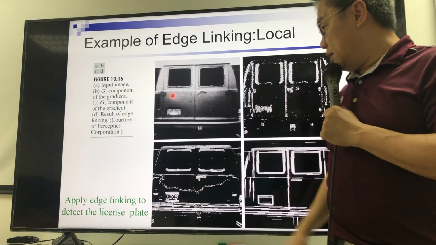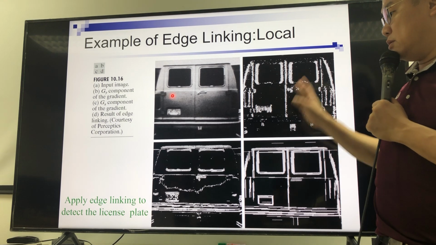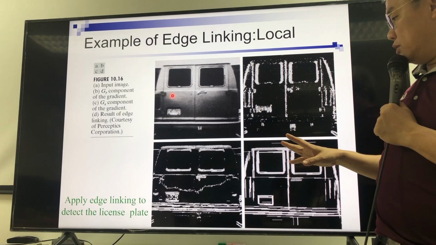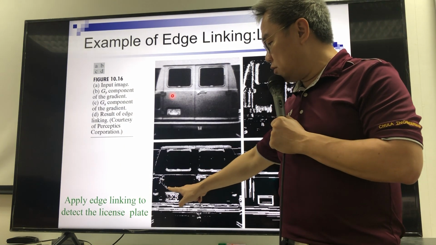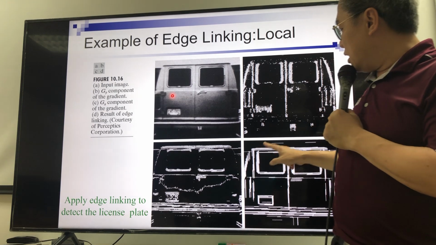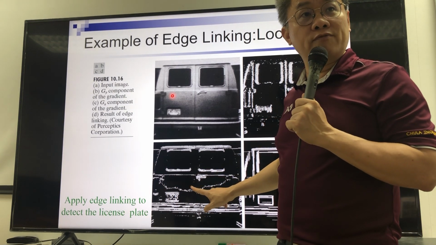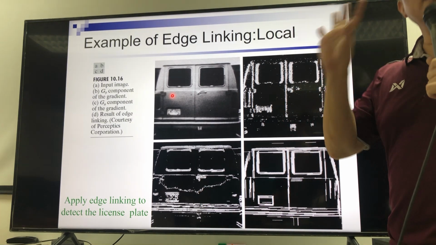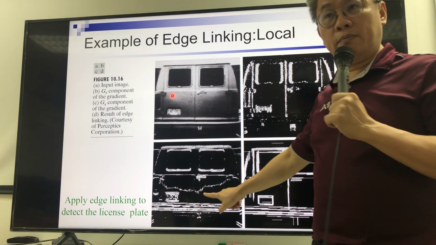If you combine the two without the angles, you are not going to get this clean a result. Like the horizontal line here, there is no relationship between the angles of them. If you use the angle information, this edge would not appear.